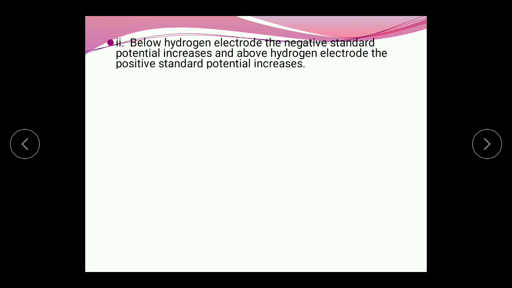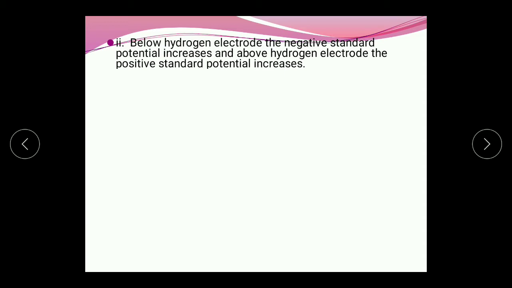Now the second key point is, below the hydrogen electrode the negative standard potential increases, and above the hydrogen electrode the positive standard potential increases. That means at the center there is the standard hydrogen electrode, which has zero potential as we know. So above that, the positive standard potential increases.